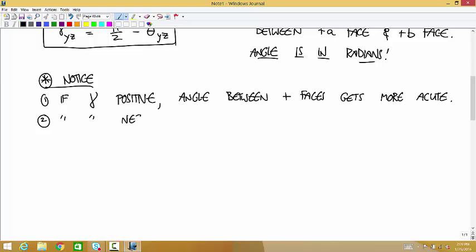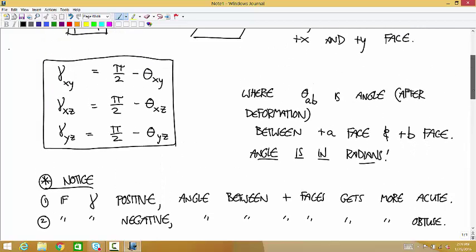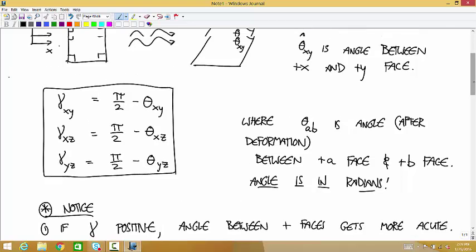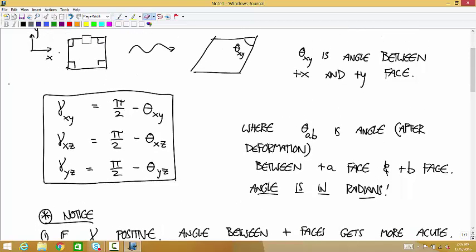If it's negative, then they get more obtuse. So if it doesn't change angles, then after deformation, that theta is equal to pi over 2, so you get 0 strain.